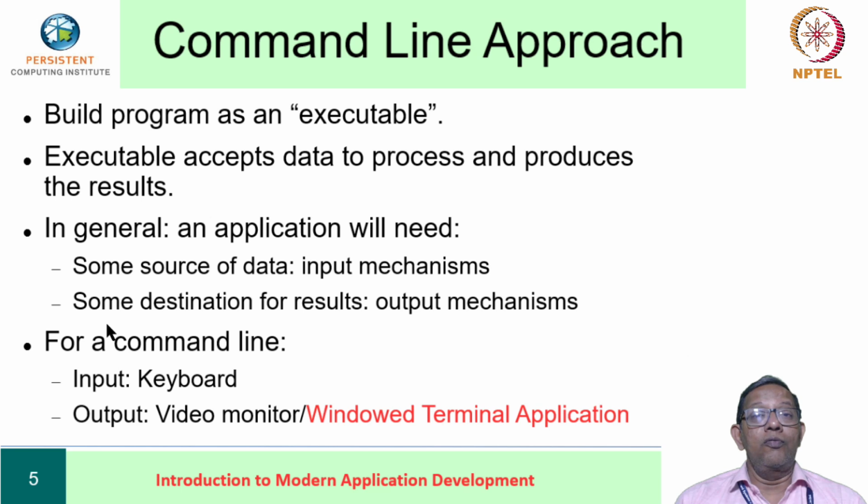Also, for the command line, we chose that the input device would be the keyboard, which is what we did by actually typing the commands on the keyboard. And the output device was a text-based terminal, your video monitor. Actually, in our case, it was a Windows terminal application. You can look that application up by searching for command prompt on your Windows system.